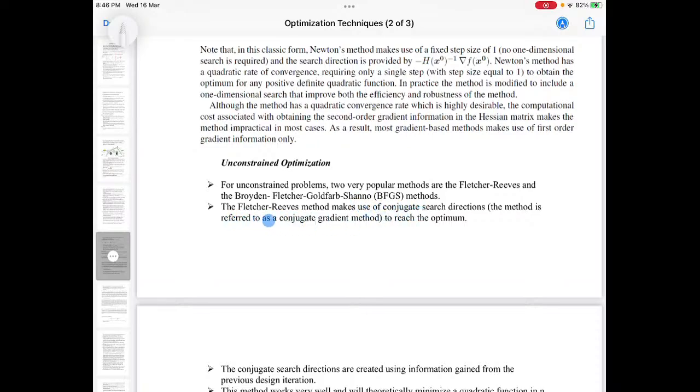The Fletcher-Reeves method makes use of conjugate search directions. The method is referred to as the conjugate gradient method to reach the optimum.